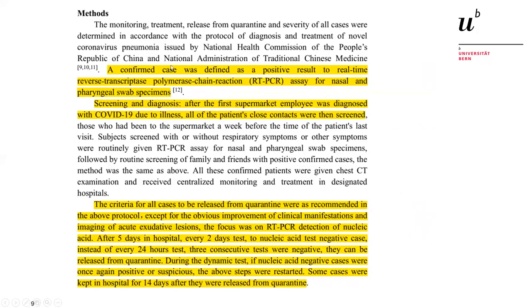So here in the methods, the authors mentioned that a confirmed case was defined as a positive result to real-time RT-PCR. So here we know that the patients were diagnosed with a molecular test. So yes, this study should be included, at least for now.